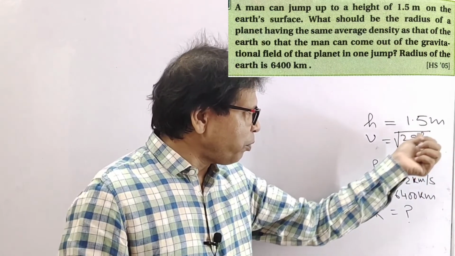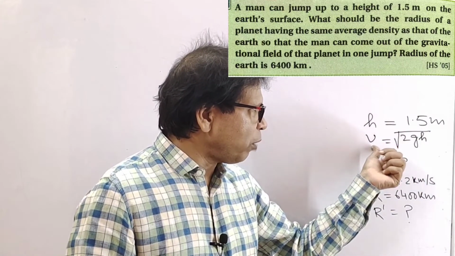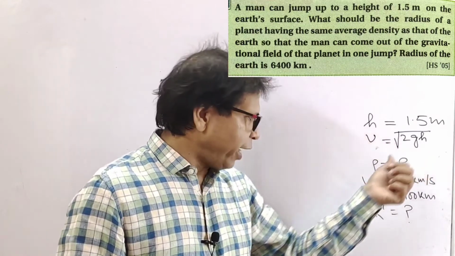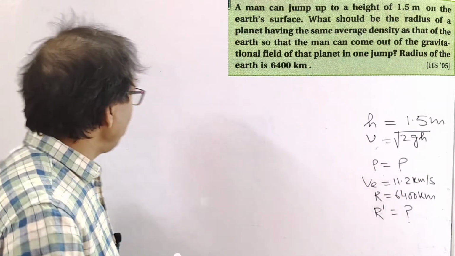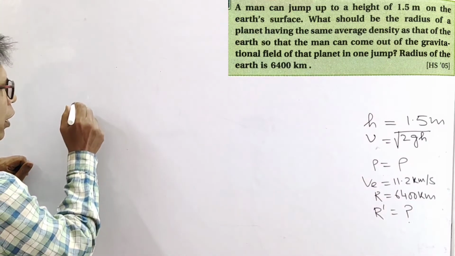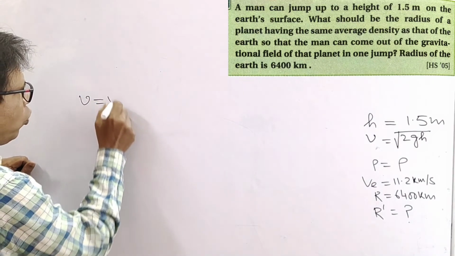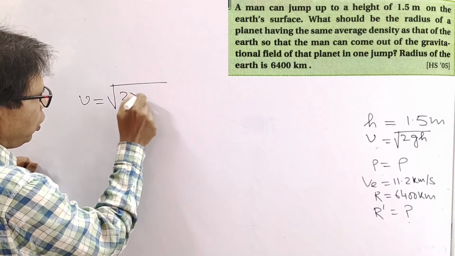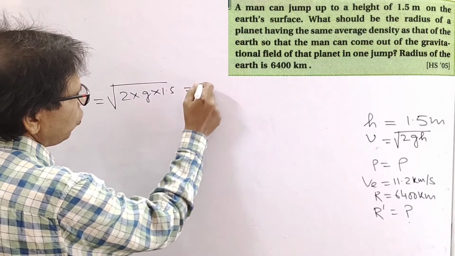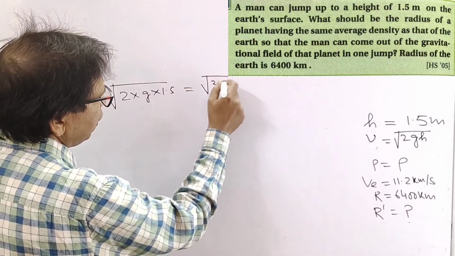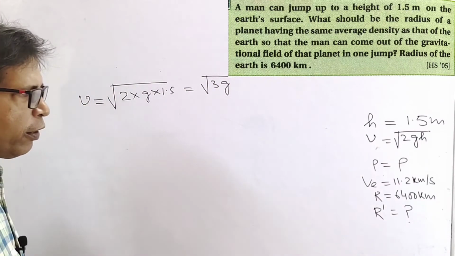Okay, so we have to calculate velocity of the person, that is escape velocity of this planet. Now escape velocity of this planet v equals root under 2gh, so 2 into g and h is 1.5, so this is root over 3g, the escape velocity.